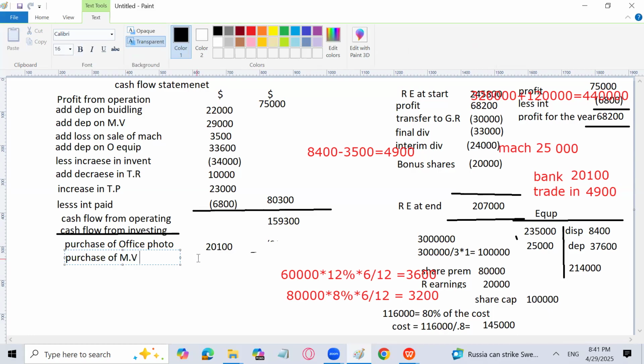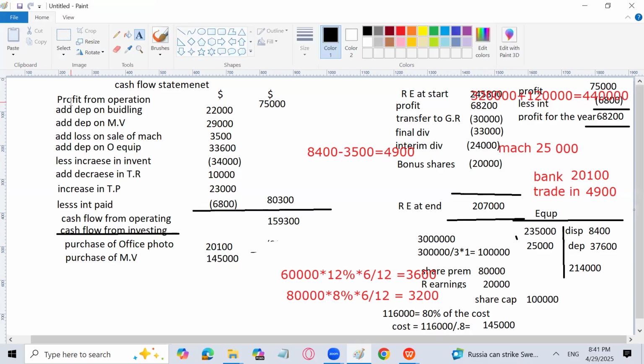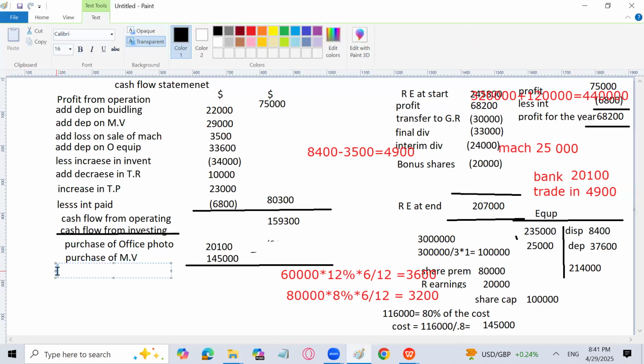And we have calculated that 145,000. You can add them up to find the total cash flow from investing activities, and then I will calculate the cash flow from financing activities. So it includes the 165,100.